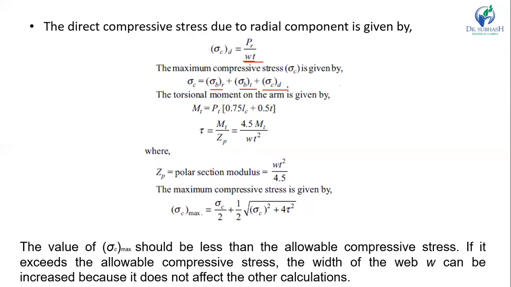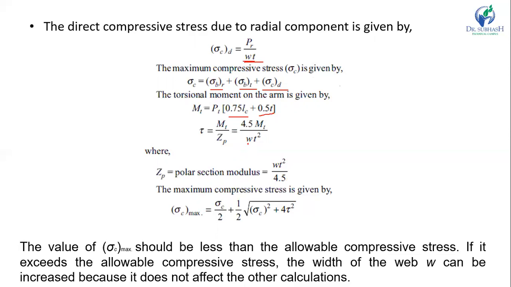Okay. Then the torsional moment on the arm, the torque on the arm, MT, is equal to PT into (0.75 LC plus 0.5 T). Now the shear stress tau is equal to M by ZP, where ZP is the polar section modulus. The value of ZP is equal to WT square upon 4.5.